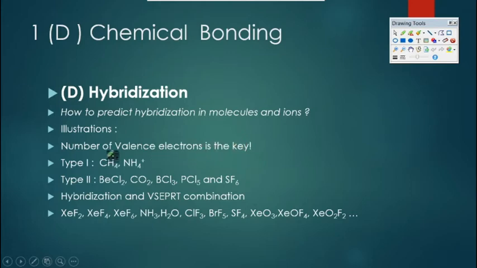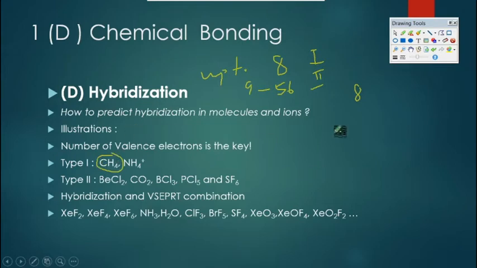For example, CH4. In CH4 it is type 1. The reason is in CH4 the number of valence electrons is 8. Up to 8 valence electrons, that is type 1. Then 9 to 56, type 2.